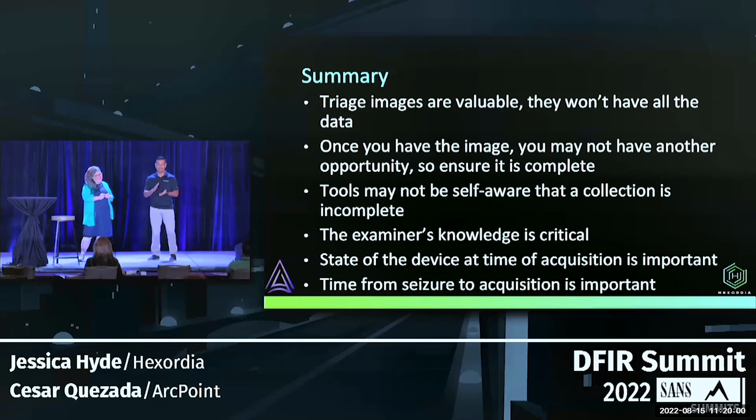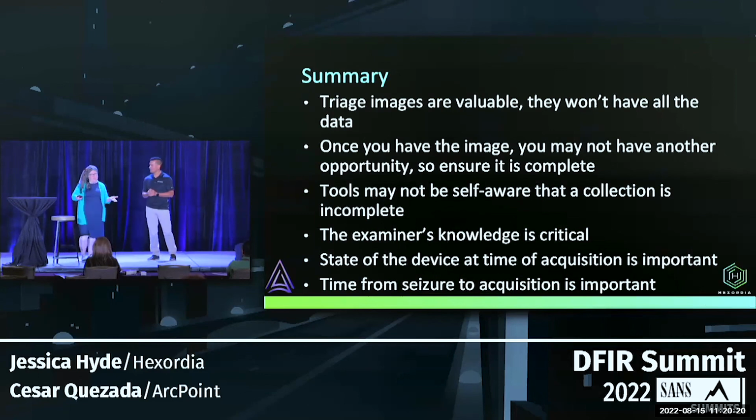In the example of Surface, the examiner's knowledge is critical, right? We didn't know how to image that device, so if we would have just relied on ourselves, that piece of evidence would have sat there for a long time. But we looked in the community, looked exactly, how can we get this device acquired, and we were able to figure that out.